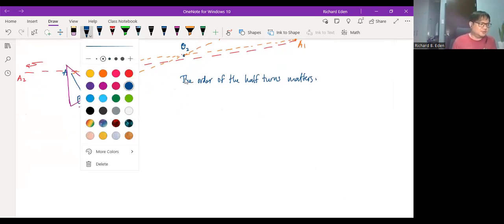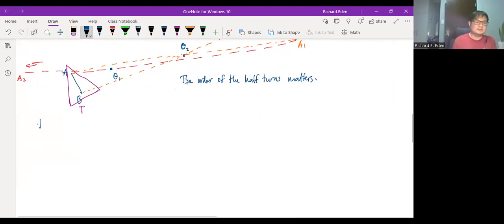So let's do first translation, plus half turn. So let's say our vector, so we won't have a hard time, is just this long. Horizontal.